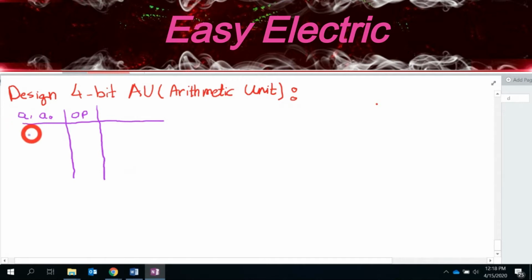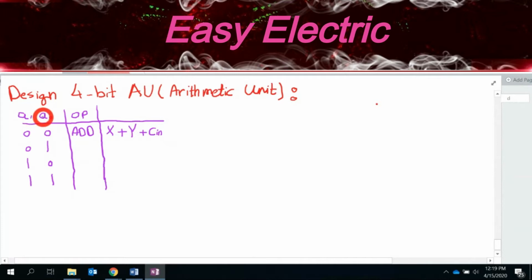So you have two inputs, A0 and A1, so you can make 4 different bit patterns. I summarize them here. Whenever you give A1 A0 as 0, 0, it should do the add. Add means you add the number X, which is 4-bit, with the number Y, which is 4-bit, and if you have a carry, it is able to add with the carry too.